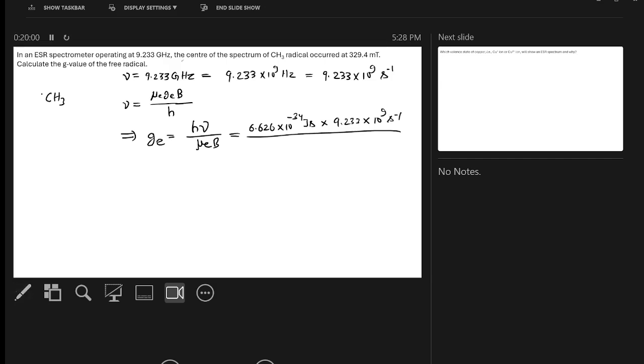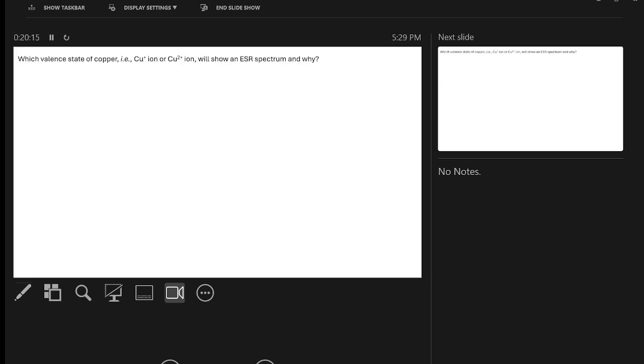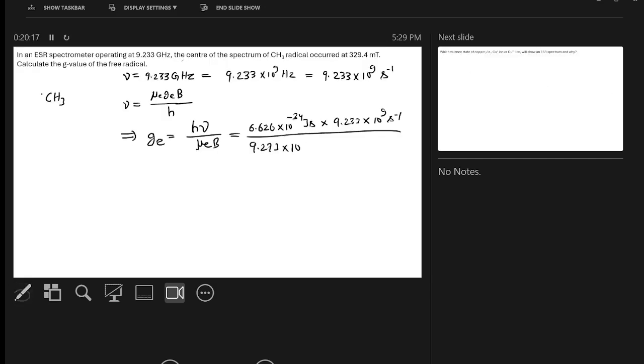And mu_B, we saw in the previous calculation, the magnetic moment for the electron, we got 9.273 times 10 to the power minus 24 joule per Tesla. And what is B here?